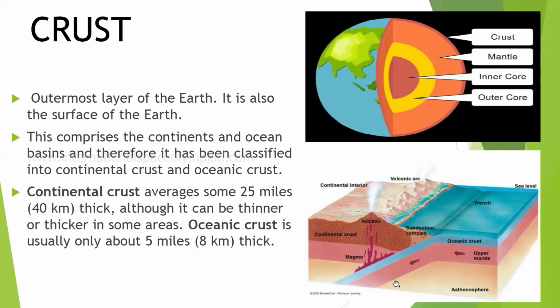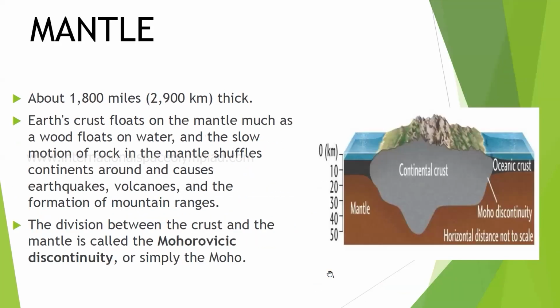This is the upper mantle after that. So, the mantle is 2,900 kilometers thick. Earth's crust floats on the mantle much as wood floats on water, and the slow motion of rock in the mantle shuffles continents around and causes earthquakes, volcanoes, and the formation of mountain ranges.